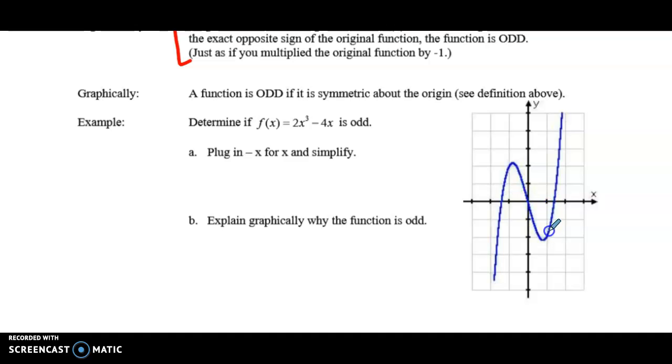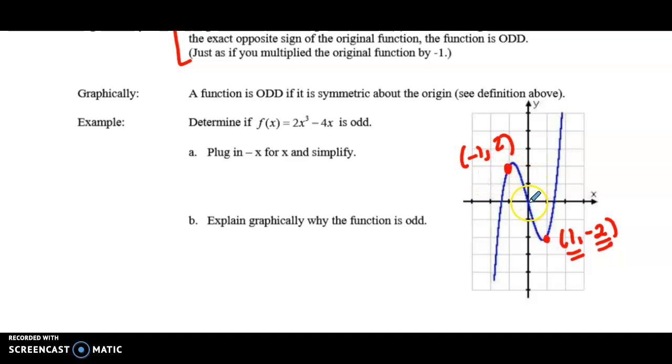I'm going to pick a point on the graph to show you how this works. We have this point right here. This is (1, -2). Odd would mean that when I plug in the opposite, -1, I should get the opposite back out, which is +2. And if I look, (-1, 2) is also on my graph.